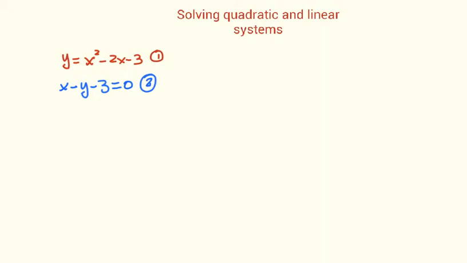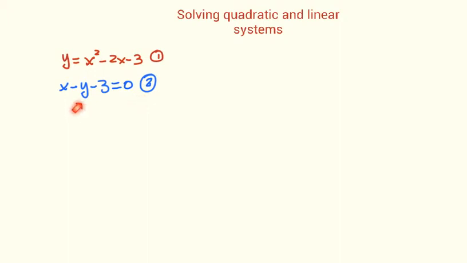As you'll see next when we look at the graph, the point of intersection is a point on this graph, which is a quadratic, and is also a point on this graph. It's a point of intersection, so it actually lies on both graphs.